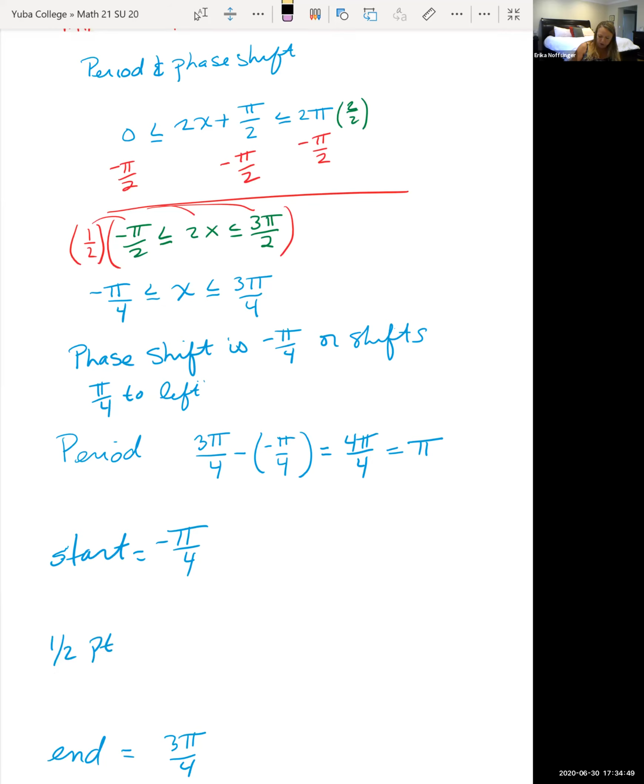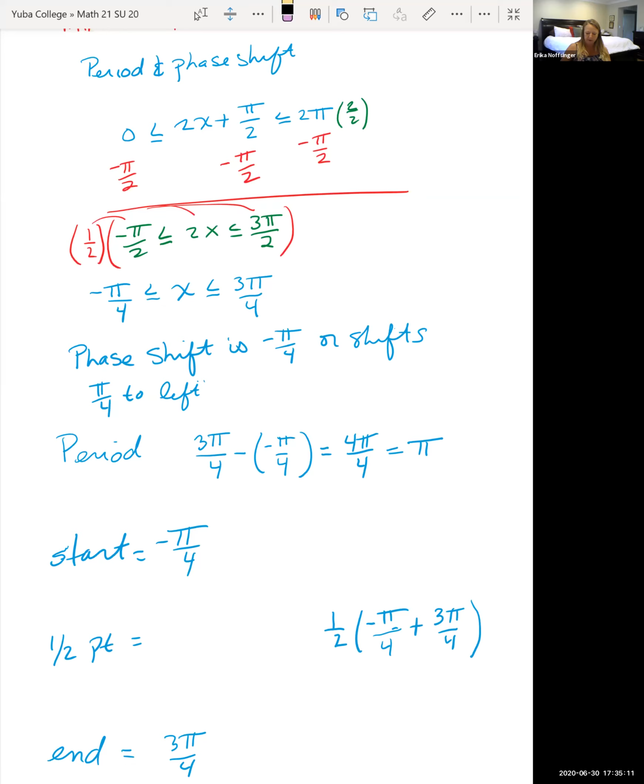So halfway point, again, is if we add the start plus the end. Oops, that should be a pi fourths. And divide by 2, or same thing as multiplying by a half.